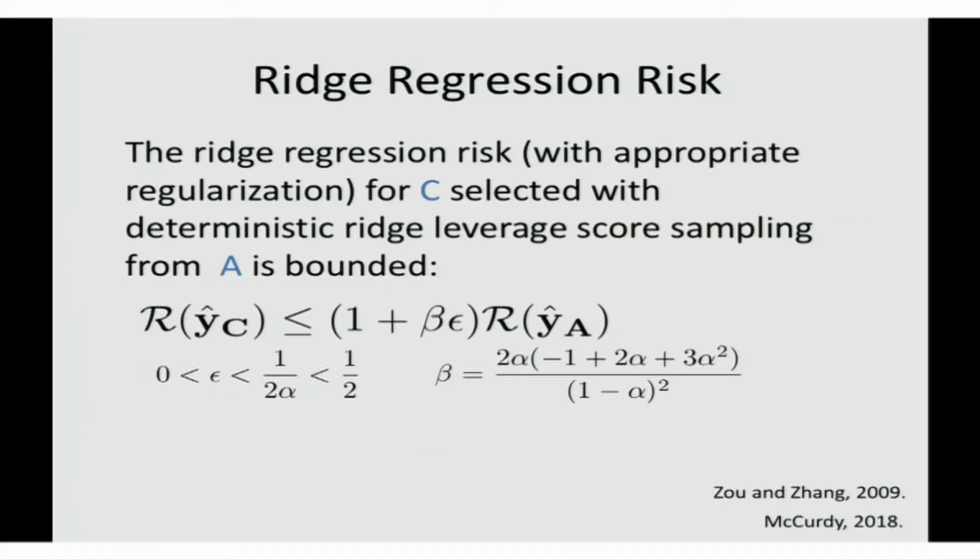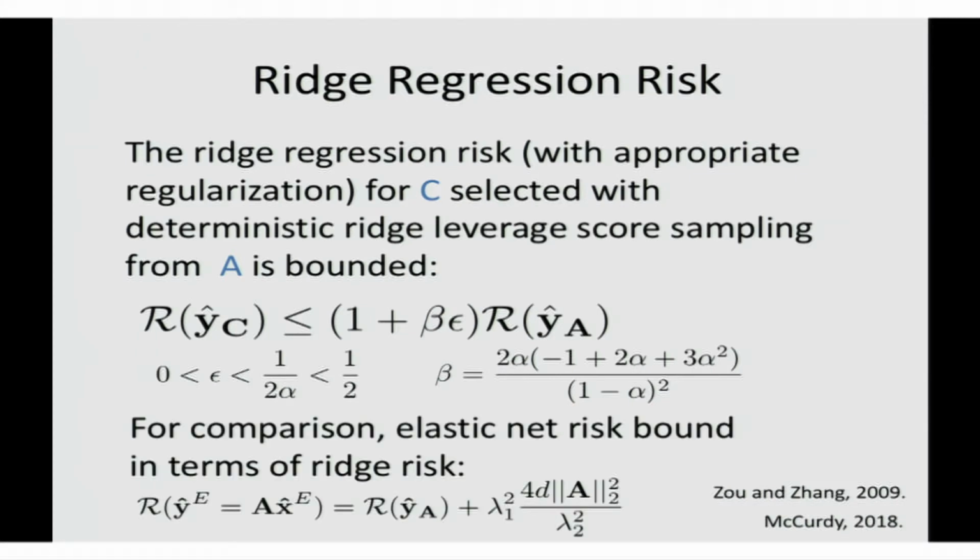And so this is the bound that I get: the risk of the estimator using your smaller matrix is less than 1 plus epsilon times the risk of using your full matrix to do the regression problem, where alpha and beta are both constants. Alpha is around 7, and beta, I think, is around 62.